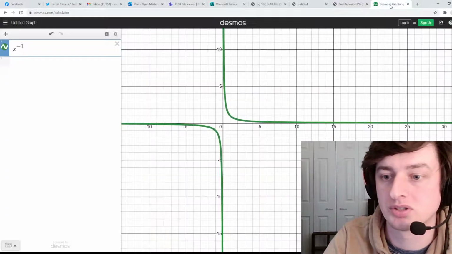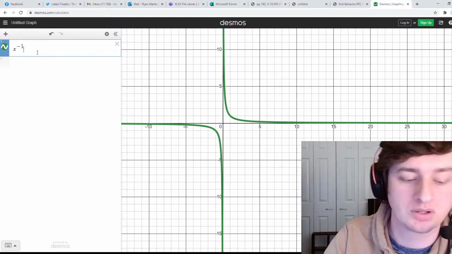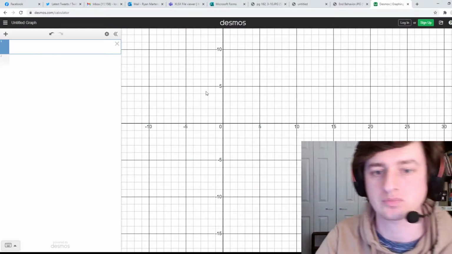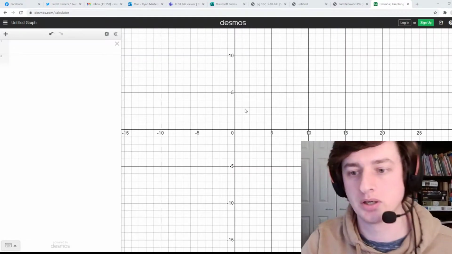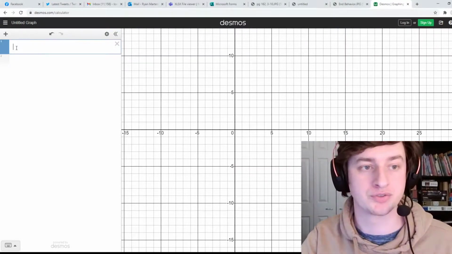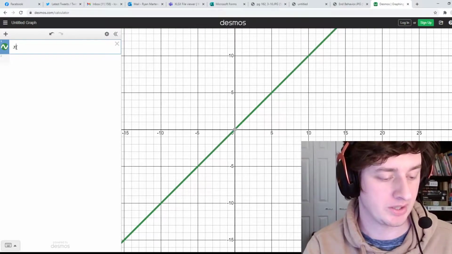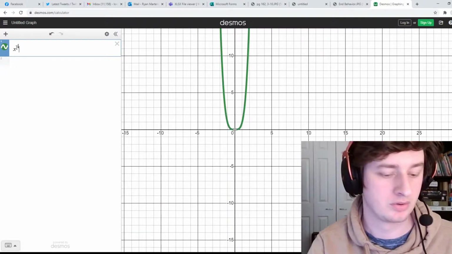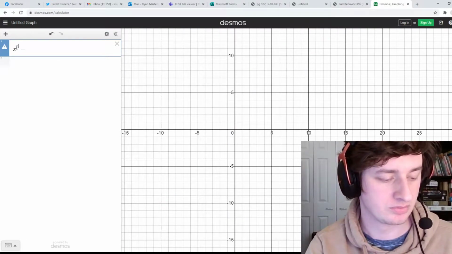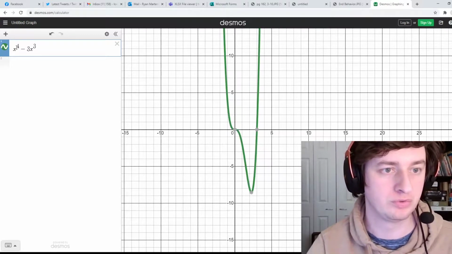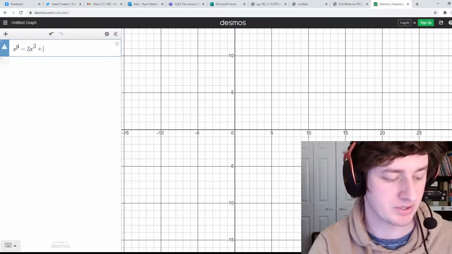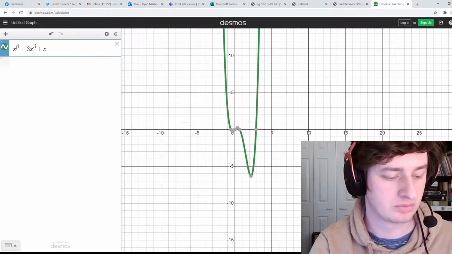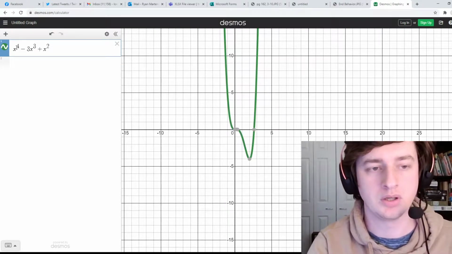Okay, so I'm going to go on Desmos. We're going to get rid of this thing. And we're just going to make up some functions. So x to the fourth minus 3x cubed, maybe plus x squared minus 4.